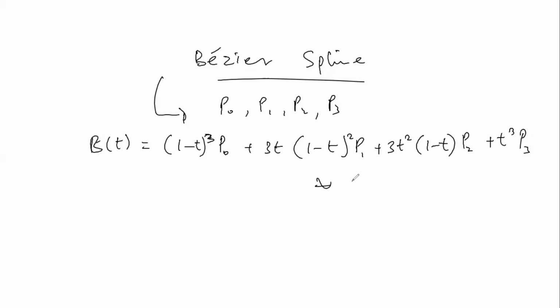This is for all values of t from 0 to 1, where t is a parameter that moves from 0 to 1 across the interval.